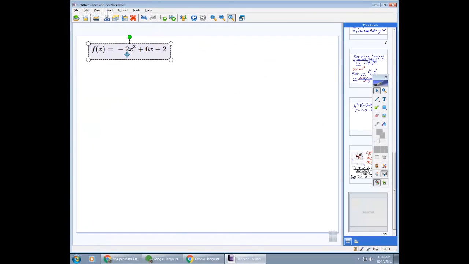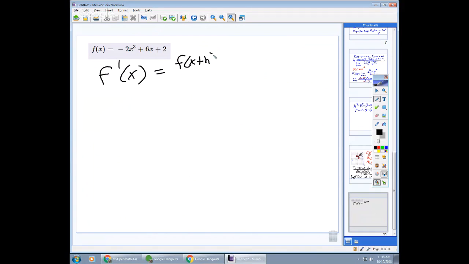All right, so we need to do two things here. We need to find the first derivative, and then we need to find the second derivative. So just note, first derivative means apply some derivative definition. Take your pick. I'm going to use the traditional one: f of x plus h minus f of x over h. Take the limit as h goes to 0.